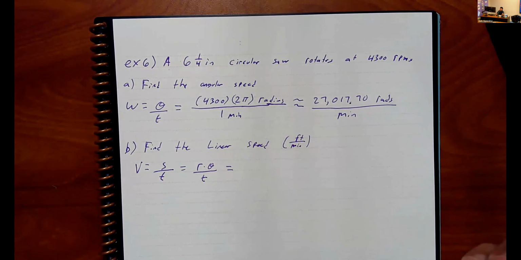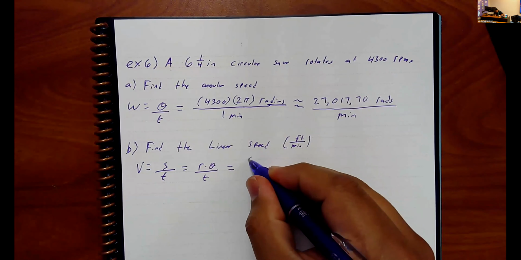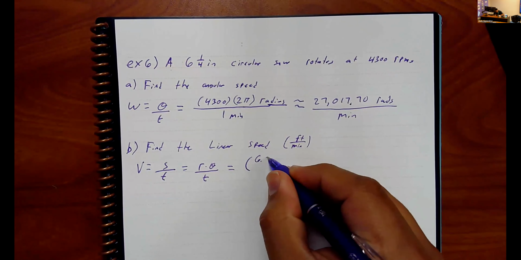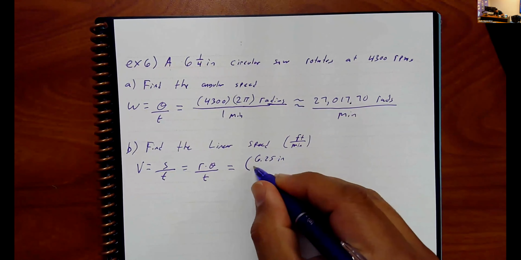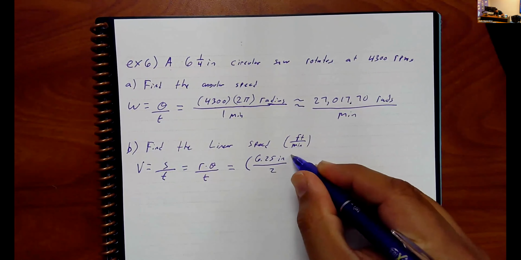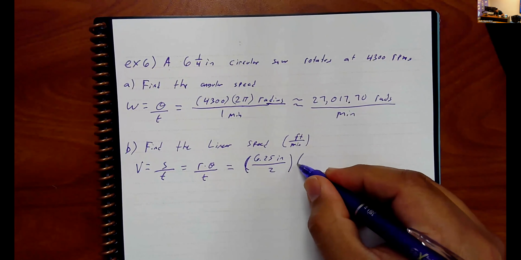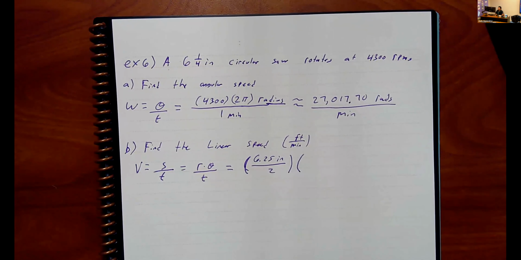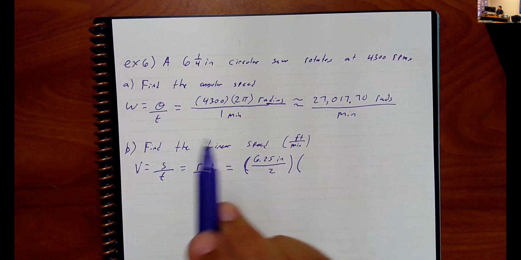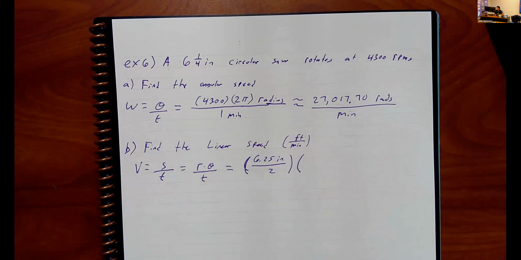Across. Right, exactly. So we'd have to put 6.25 inches over 2 for the radius, correct? That makes sense? I'm not using the quarter just because this is complicated enough. I don't need more fractions. We cool with this part?